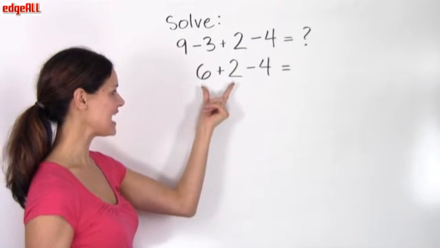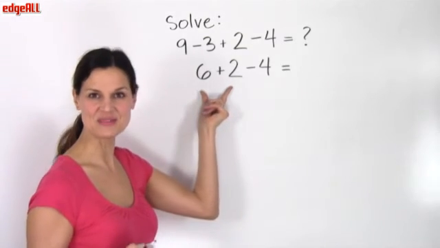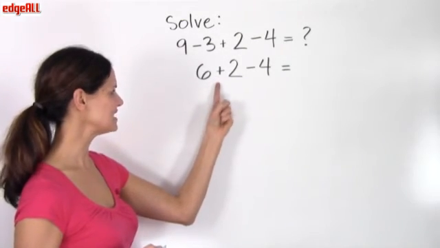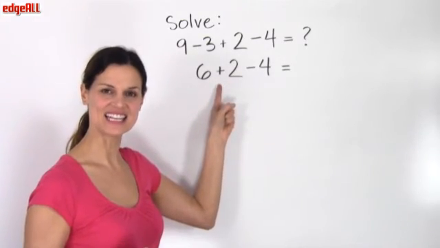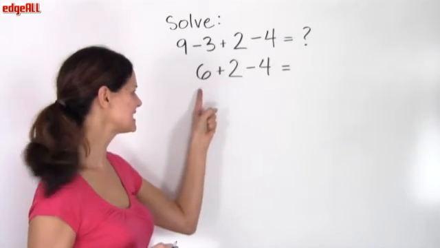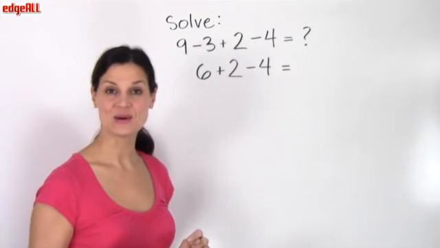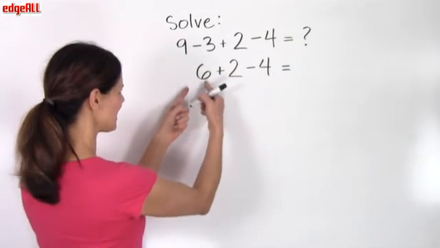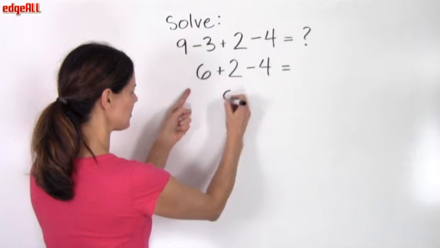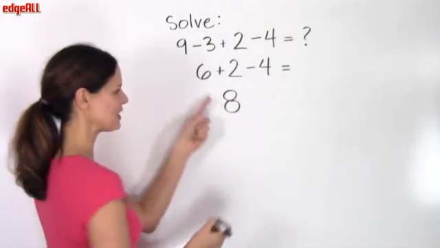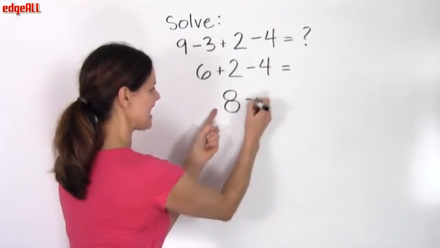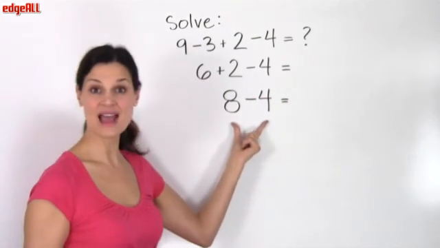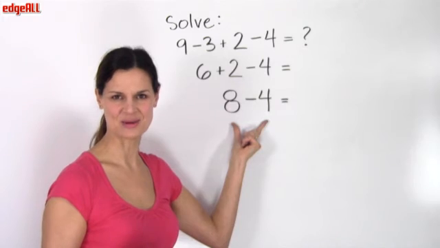And now again, I take my two leftmost numbers and I perform the calculation, which is a plus. So addition tells me to add my 6 and 2 together. So I know that 6 plus 2 equals 8. And so in my equation where there's a 6 plus 2, I'm going to replace it with an 8. And then I still have my minus 4 that I need to write here. And so now I'm down to only two numbers.